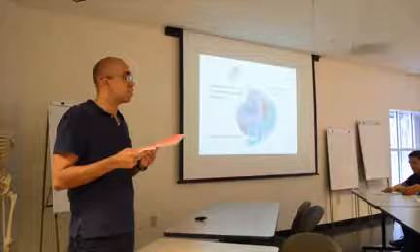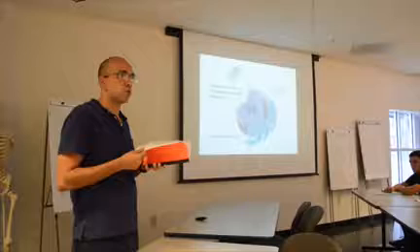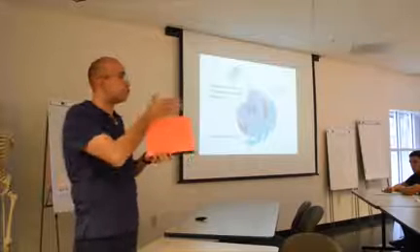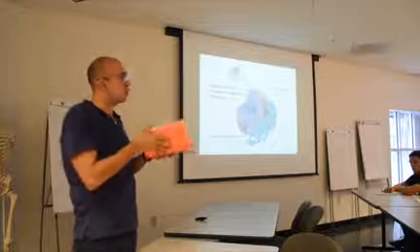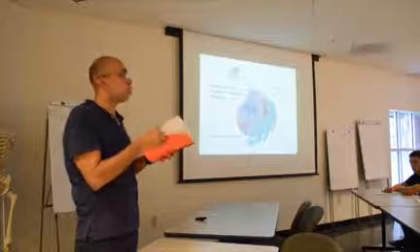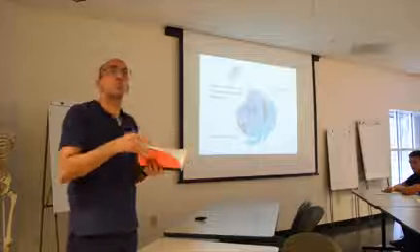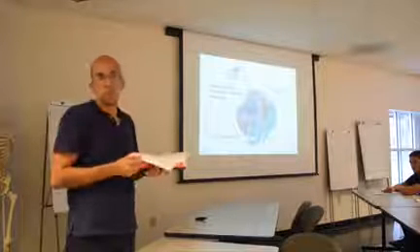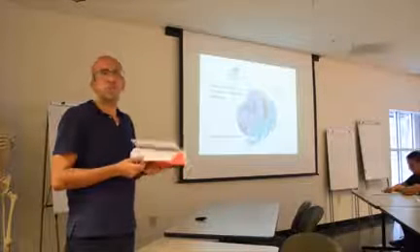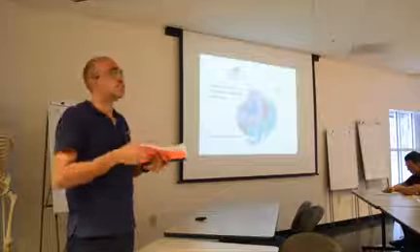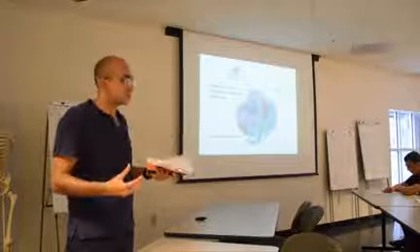So every cell will have a copy of this manual. The manual will have many chapters, and each chapter will tell you exactly what you need to do in order to produce a specific protein. And why do I need to produce a specific protein? To have a specific character.